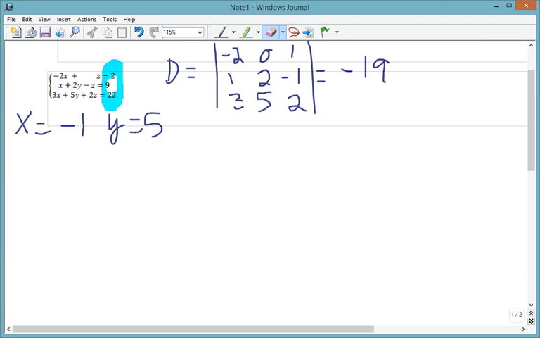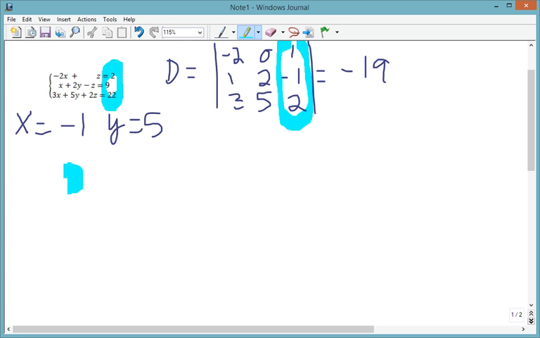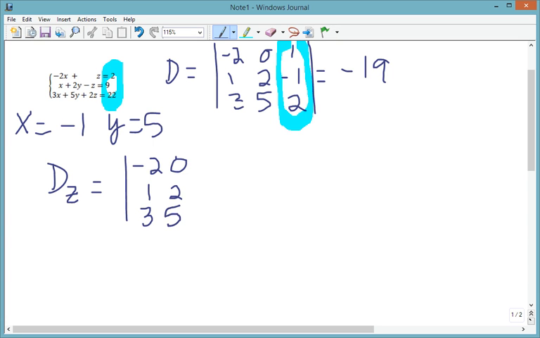So now we need to find z, and I'm going to take the z column from D and replace it with the answer column. So this will be D sub z, and it'll be the determinant where the first two columns are the same, but the last one will be the answer column.